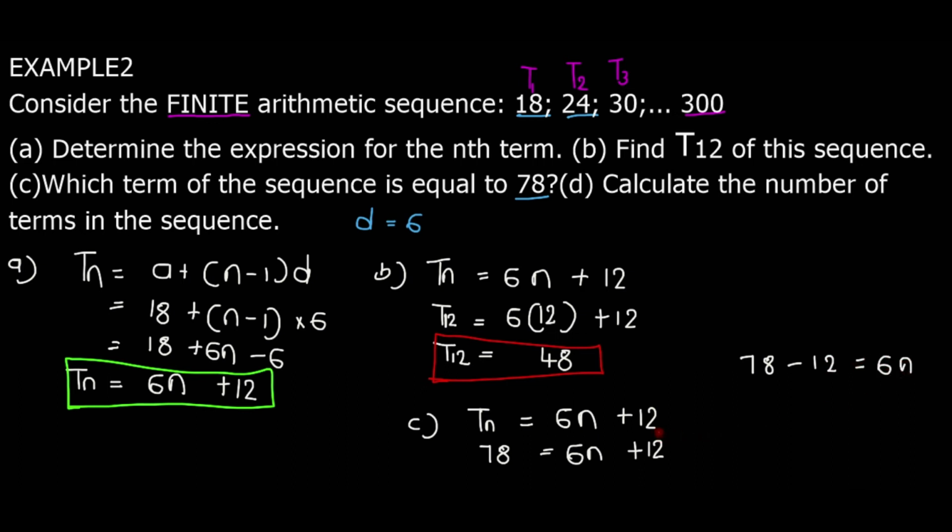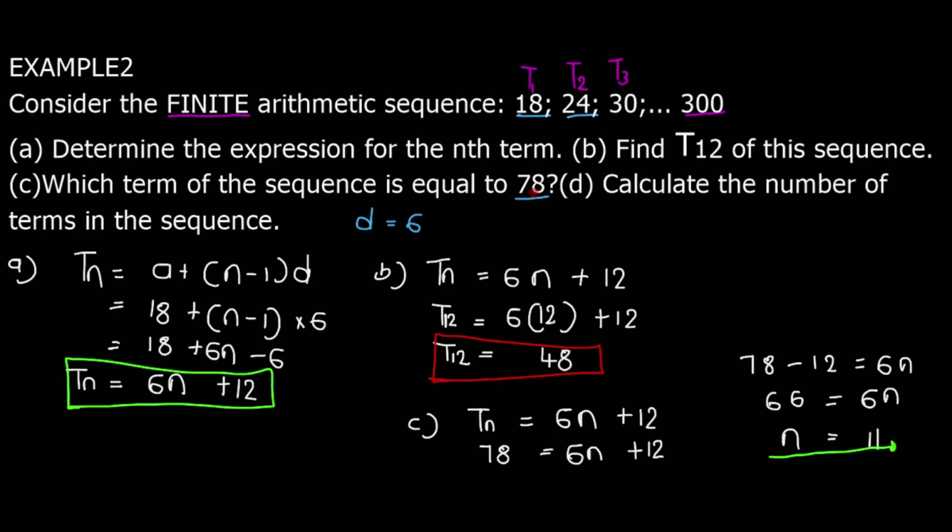And then 78 minus 12 is 66. Dividing both sides by 6, we get the value of n. Therefore, our n is equal to 11. And this is our answer. This means 78 is in term number 11.